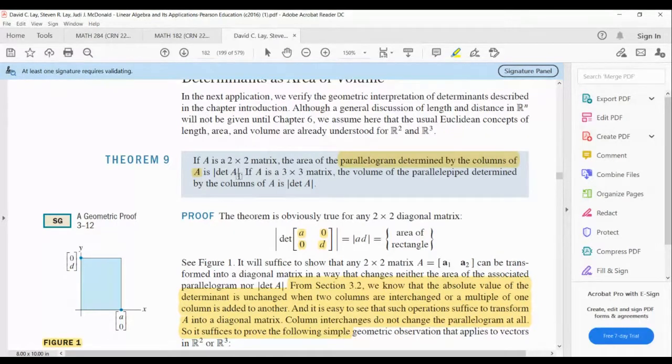The parallelepiped part, where if you have a 3x3 matrix, the volume of the parallelepiped determined by the columns of the matrix A is the absolute value of the determinant of A, is harder to show. The book talks about it on the following page, but I want to keep things simple here.